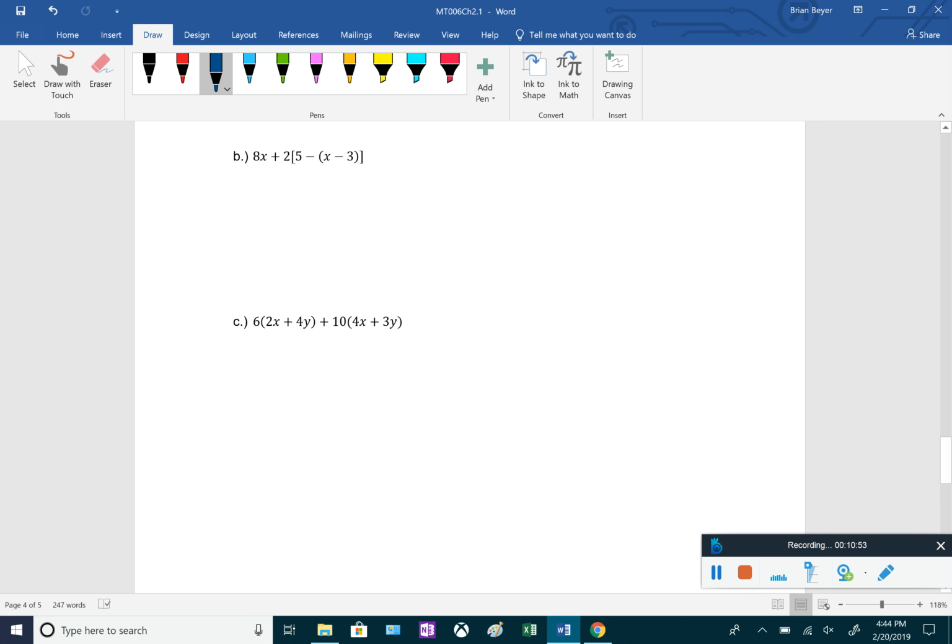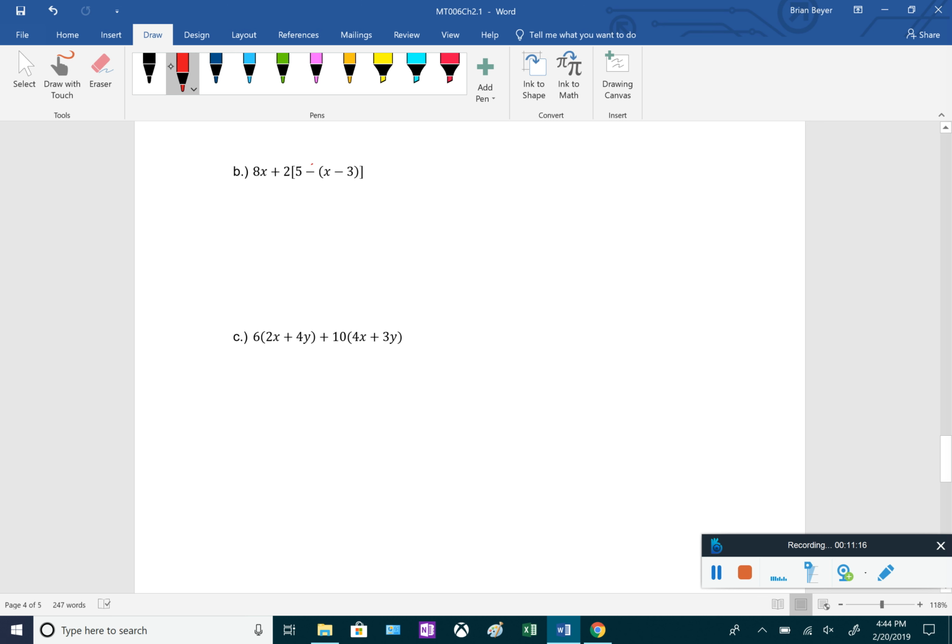Next one, we have 8x plus 2, and then times 5 minus, and then parentheses again, (x minus 3). So we have brackets. Remember, brackets are just parentheses, but we use them when there's parentheses within parentheses, so there's not too many parentheses. For this one, I'm going to go into the bracket and simplify what's in there first.